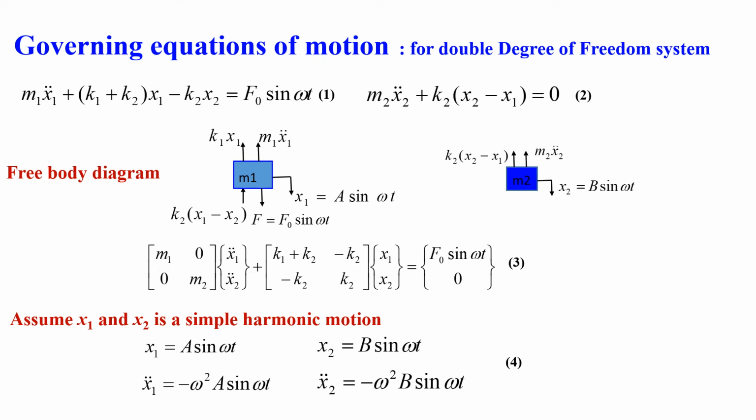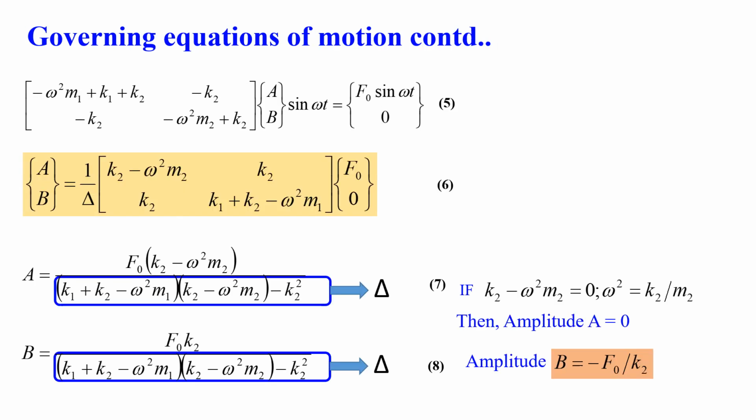Using the equations for x1 and x2, we can get the acceleration x1 double dot equals minus omega square A sine omega t, and the acceleration for the secondary system is x2 double dot equals minus omega square B sine omega t. By substituting equation 4 into equation 3, we will get equation 5 as shown here.